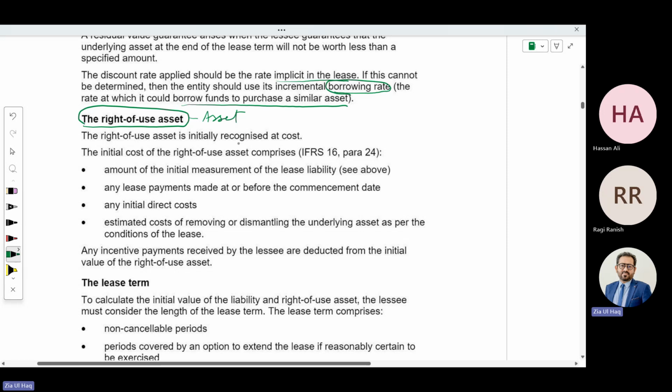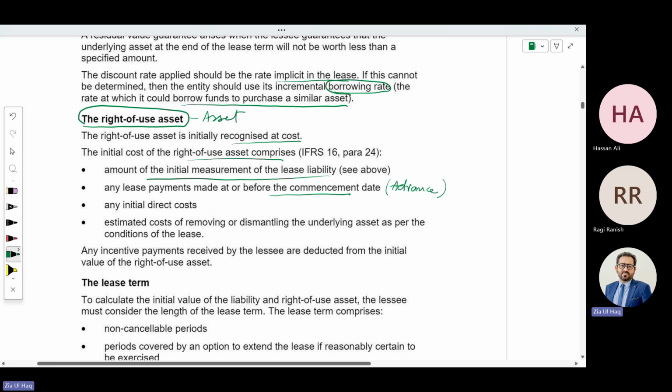The right of use asset is initially recognized at cost. The initial cost of the right of use asset comprises, meaning what should be part of the asset value, the amount of the initial measurement of the lease liability. In our case, 900,000 was the lease liability. Any lease payment made at or before the commencement date, meaning initially what we have paid in advance, will also be part of the asset cost.